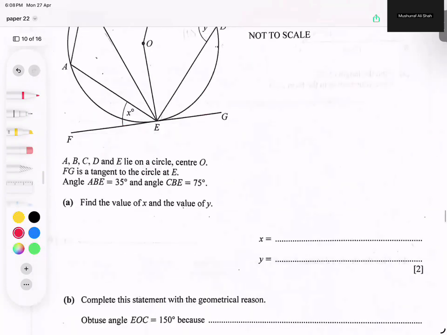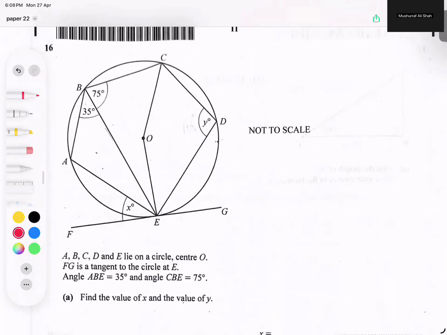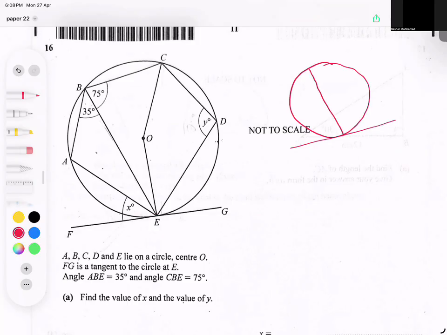Question number 16. Student, we have to find x and y, and we can see this is a tangent. So whenever a tangent is given, one property is very effective. And whenever we have a triangle given this way, students, this angle is equal to this angle, and this angle is equal to this angle. I make a double so you can understand. So now in this condition, this is a 35.